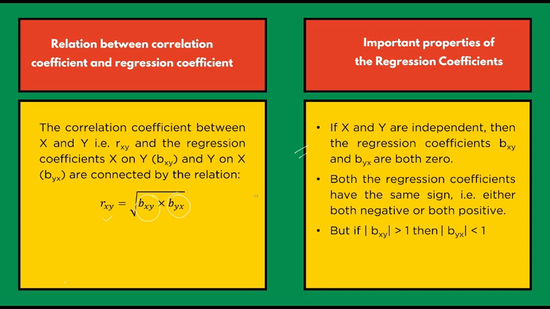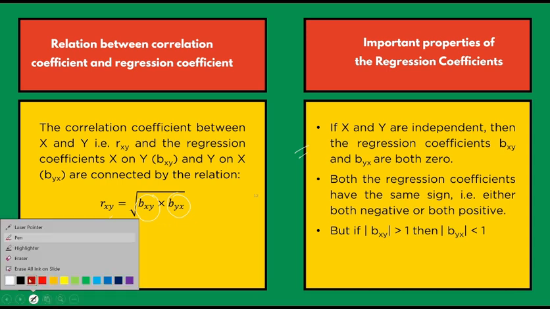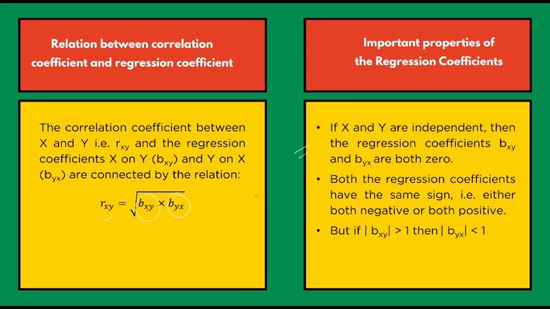And one thing I want to tell here, for advanced learners: bxy and byx will both be of the same sign. If one is negative, the other is also negative.